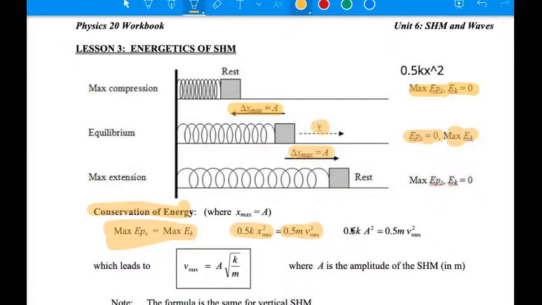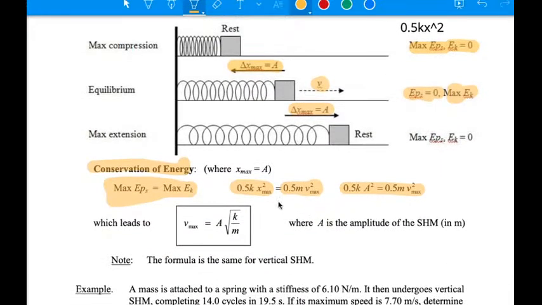All right, so now we're just throwing in our simple harmonic motion vocabulary, with amplitude being the maximum displacement, our distance from equilibrium. So A for amplitude, and we're still keeping our speed the same. So we can rearrange this formula to solve for our max speed when we know our amplitude and our spring constant and our mass.